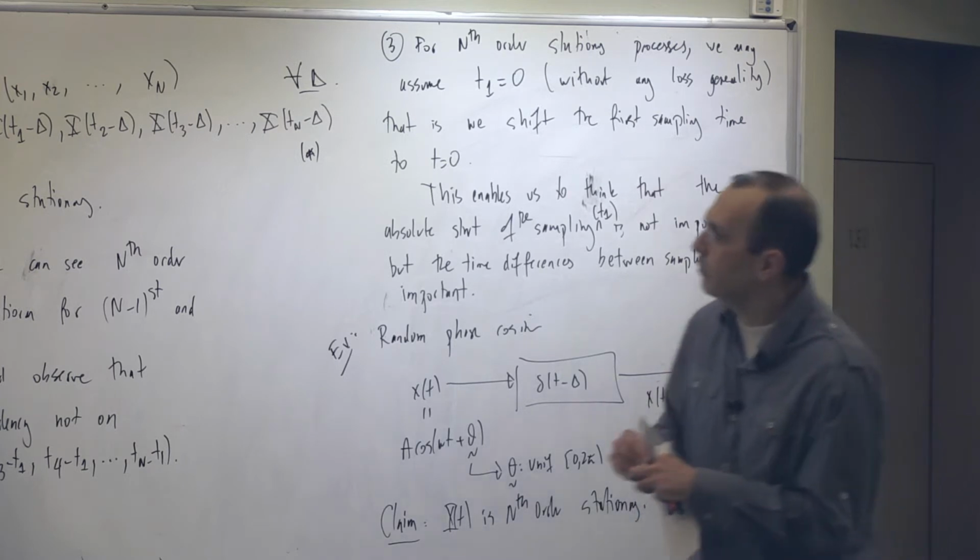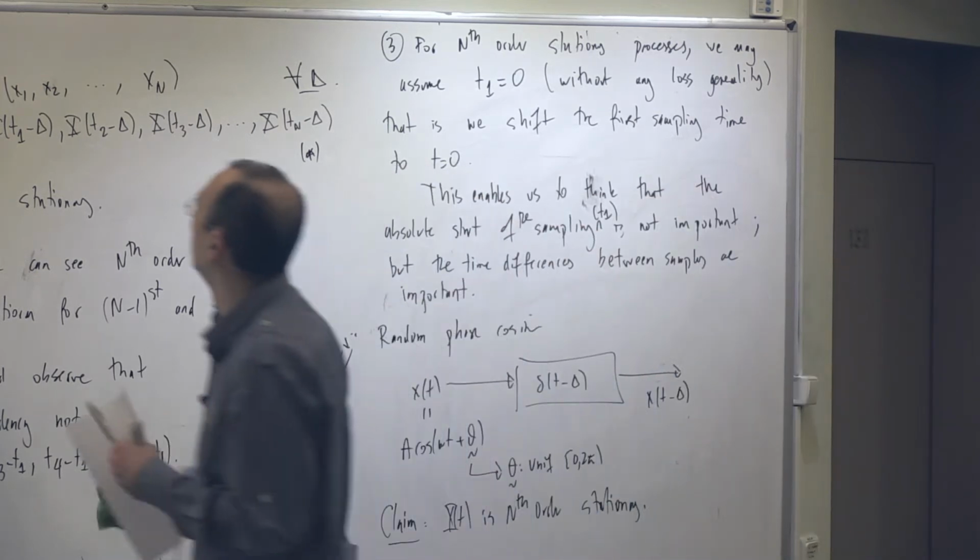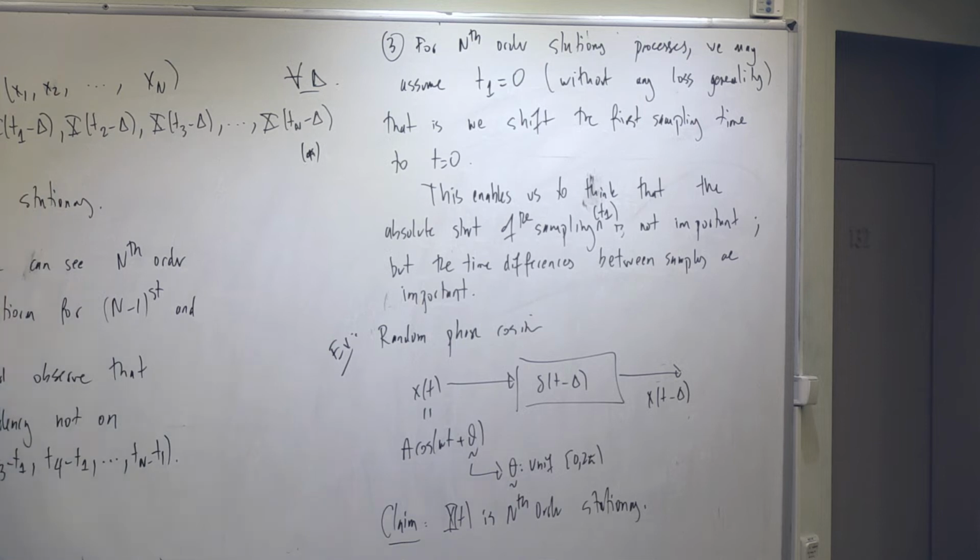Claim. This is a claim. So we should somehow show this. So this is the thing that we should show, nth order stationarity. This will be very simple. You will see.